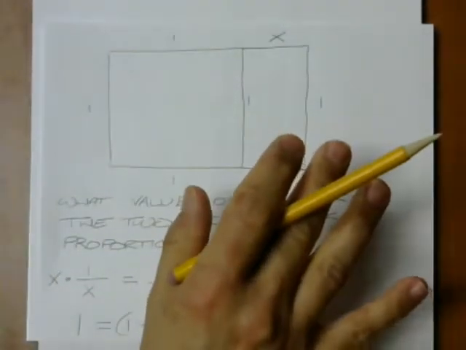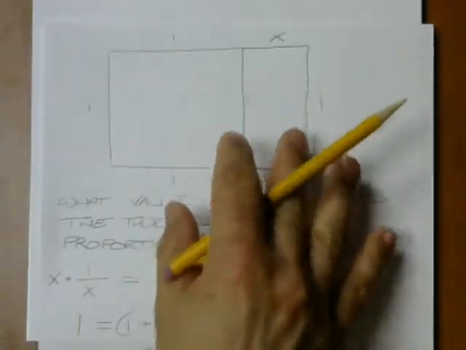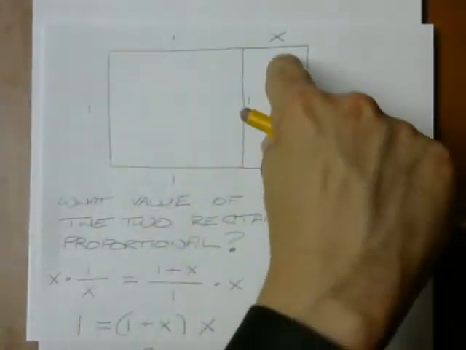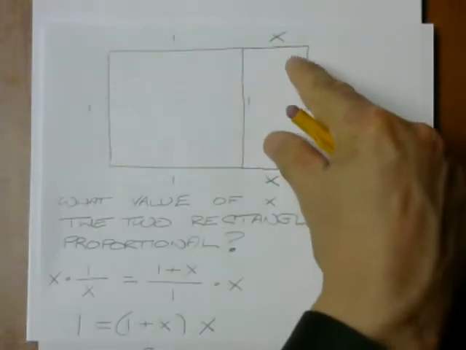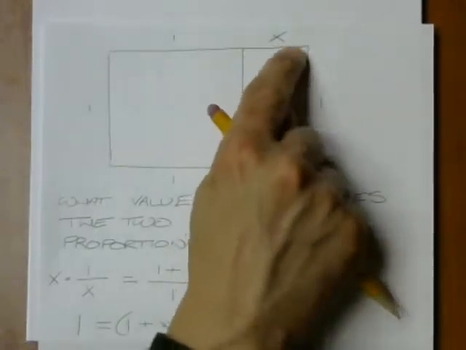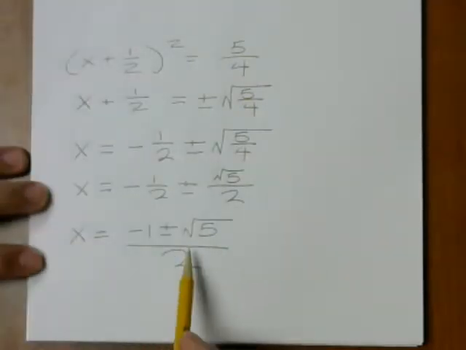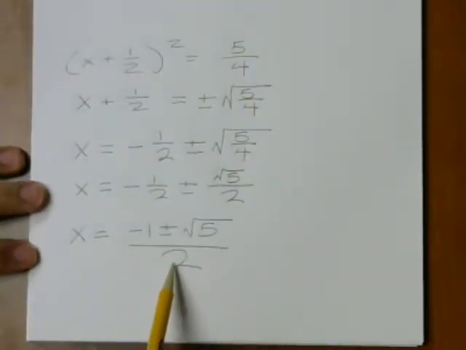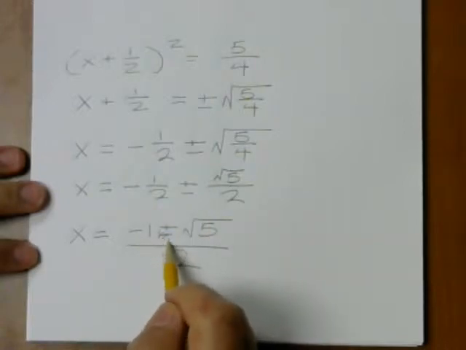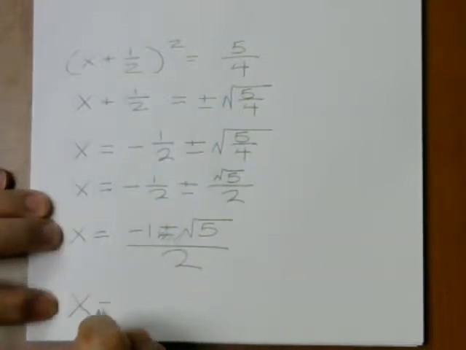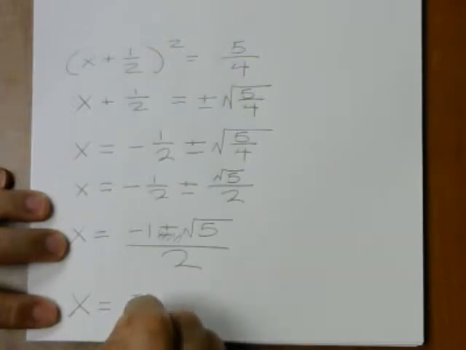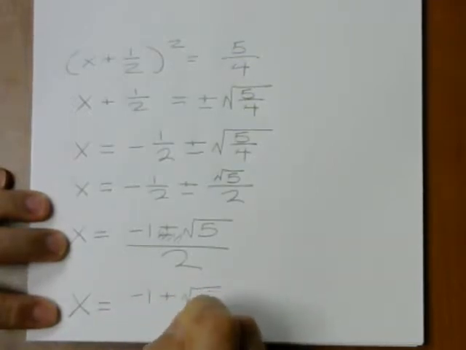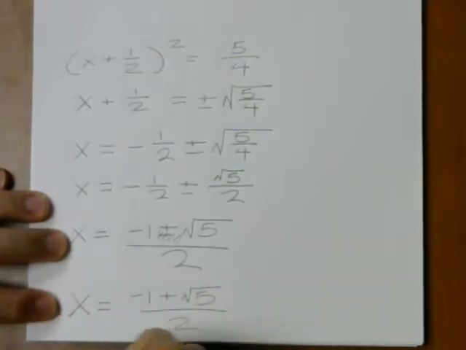I want something that matches this picture. I specifically said we were going to tack it onto the side of the square, so this has to be a positive value. If I need a positive value, which do I choose? If I take minus 1 minus root 5 over 2, that is negative, so I'm going to cross this out and get x is equal to minus 1 plus root 5 over 2.